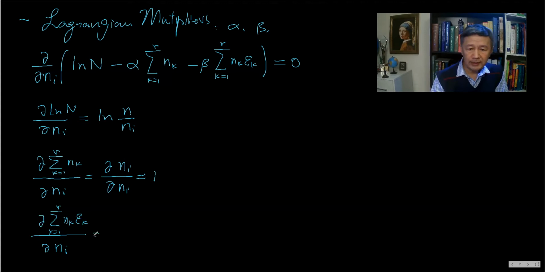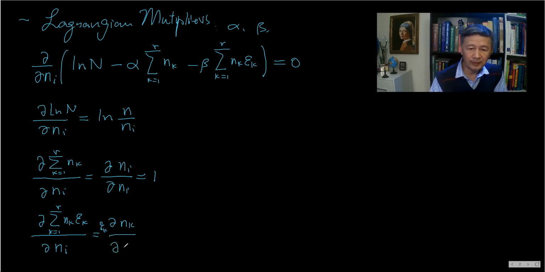Again, by the same token, we can argue that only the i term remains, and the others vanish when you do the first derivative. So we can simply write this as nk, and we can put the epsilon k out in front, because epsilon k is independent from nk, so in this case it is constant.